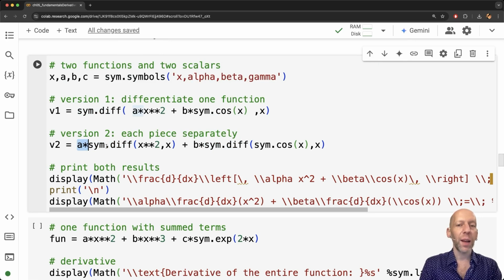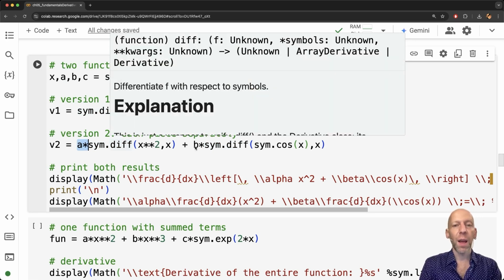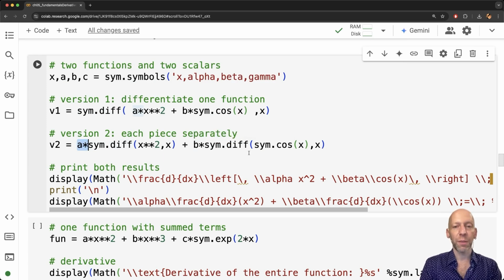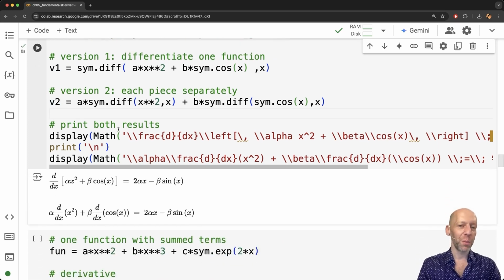So alpha times the derivative of x squared plus beta times the derivative of cos squared. And yeah, as I mentioned a moment ago, if the universe is kind to us, and if differentiation really is a linear operator, then these two results, V1 and V2, should be exactly the same. And no surprise, they are.